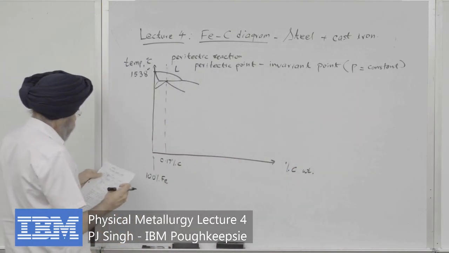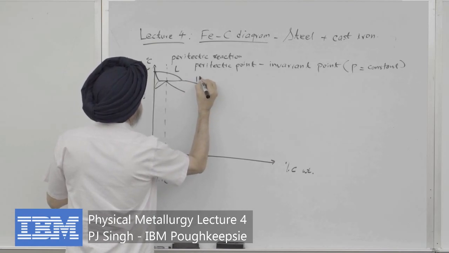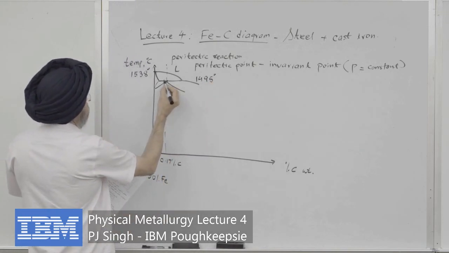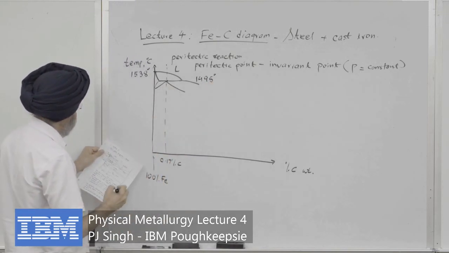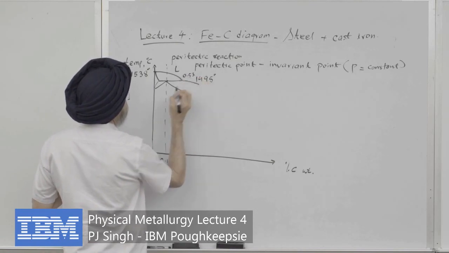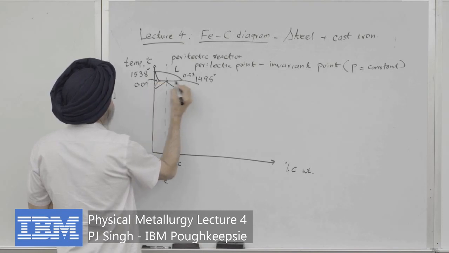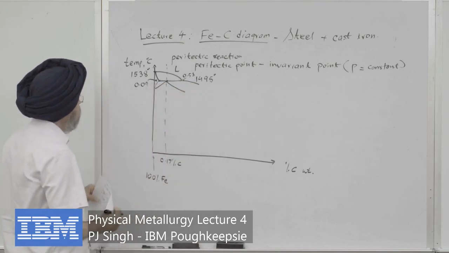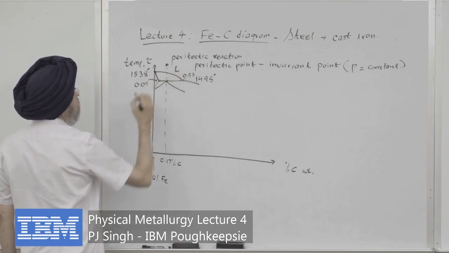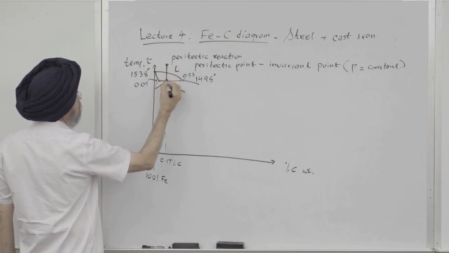This temperature is 1495 degrees, and this point is 0.17% carbon. This one is 0.53% carbon, and this one is 0.09% carbon. So let's suppose we take this alloy, which is molten, and we cool down this way.